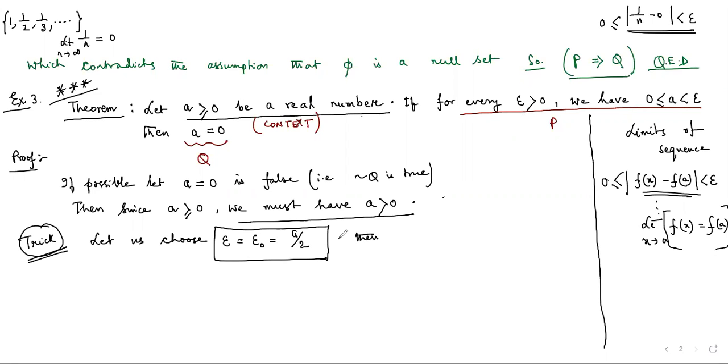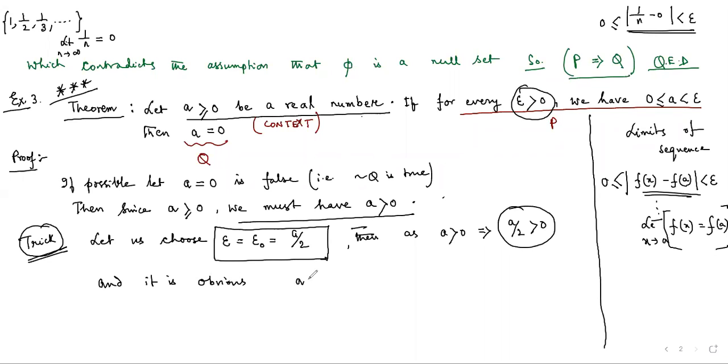Then as a greater than 0, this implies a by 2 greater than 0. So epsilon greater than 0 is being verified over here. Okay. And it is obvious that if a is a real number, a by 2 is less than a. That means your epsilon naught is less than a.